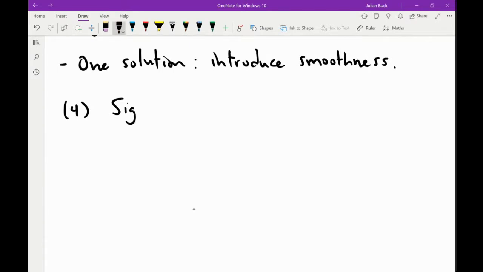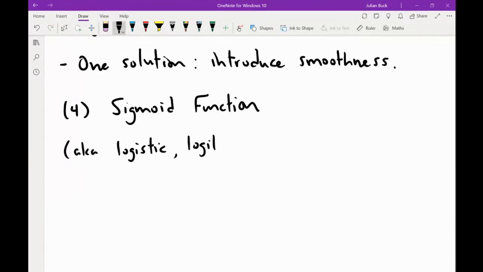So we're going to introduce what's called the sigmoid function, aka, there's a bunch of other names for this, logistic, logit, or a soft step.